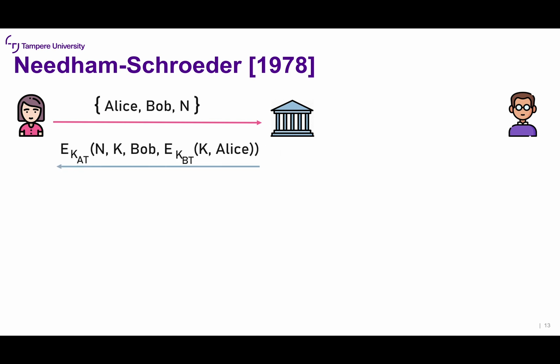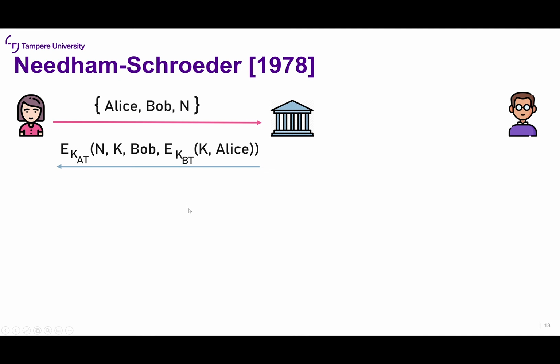Now, in the version of the protocol that was published by Needham and Schroeder, Trent was replying to Alice by sending a long message that is encrypted with KAT and contains N, the nonce, K, the session key that is generated again by Trent, Bob's identity, and an encrypted version of K and Alice's identity with KBT, right?